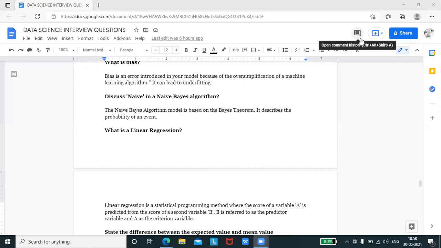We have simple linear regression where there is one input and one output. If a single independent variable is used to predict the value of a numerical dependent variable, then such a linear regression is called simple linear regression. And we have multiple linear regression where more than one independent variable is used to predict the value of a numerical dependent variable.